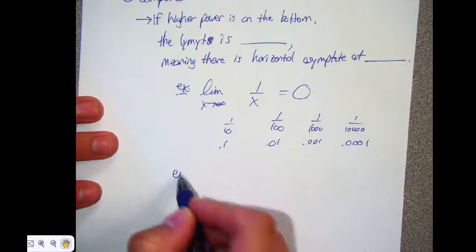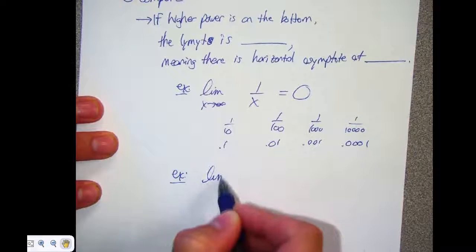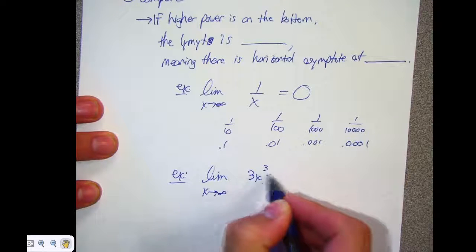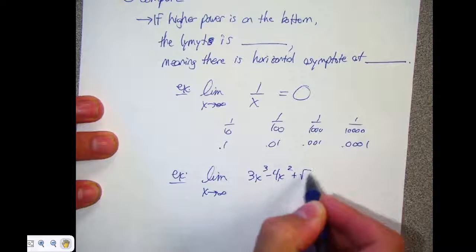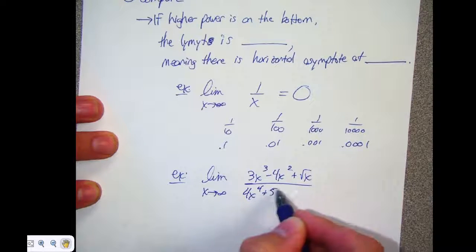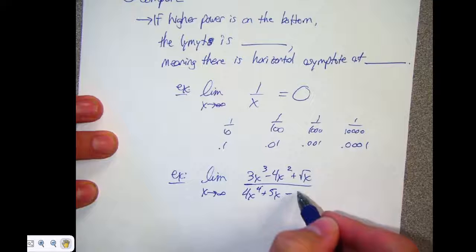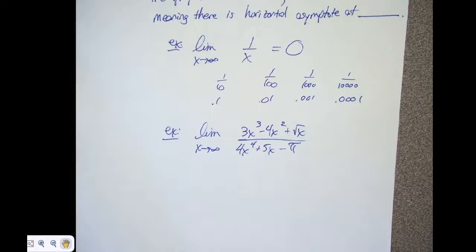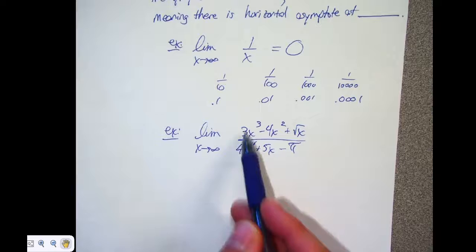And then, even if I gave you something like this, 3x to the third minus 4x squared plus the square root of x over 4x to the fourth plus 5x minus pi. I don't know, just make stuff up. When I'm plugging in such a giant number, the only thing that matters is the biggest power.